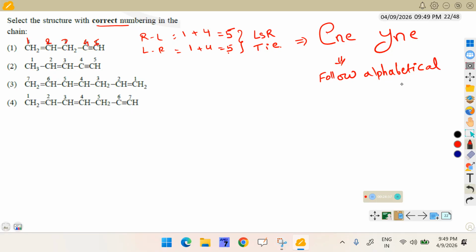Give the least number to the alkene double bond. But here, what is given? The highest number is given to the double bond. That's the reason the first option is wrong. The second option is wrong, the third option is wrong, and the correct option is the fourth option. Again here, the lowest sum rule is a tie, then follow alphabetical order.